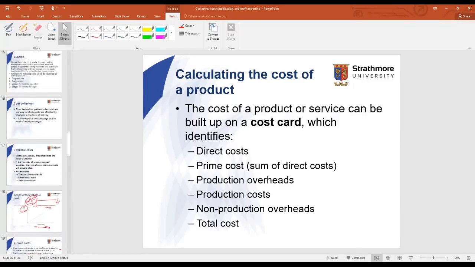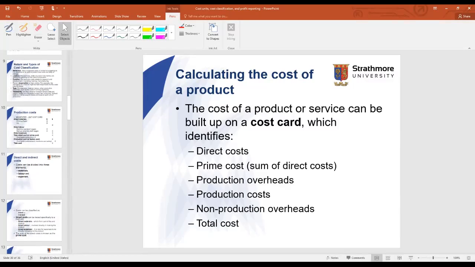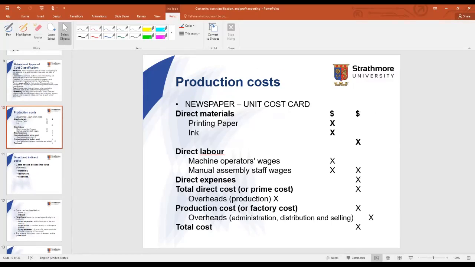This was a cost card which I told you to take note of, because we will be making more reference to it in future. We have, for example, direct material cost, direct labor cost, and direct expense cost, and the sum of these gives us what we call the prime cost.